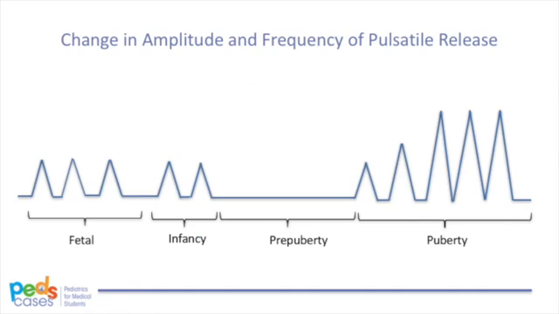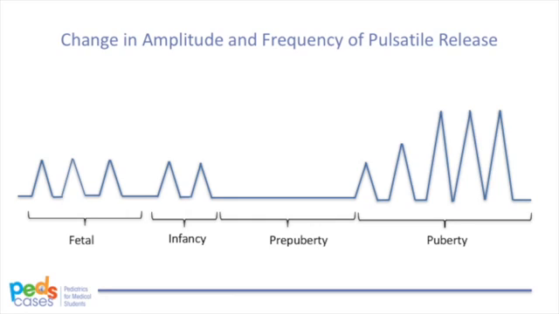When the HPG axis is activated in the fetal period and infancy, we see an increased amplitude and frequency in the pulsatile secretion of GnRH from the hypothalamus and gonadotropins from the anterior pituitary. There is a very low level of activity that is not detectable with most assays. At the beginning of puberty, we observe a resurgence in amplitude and frequency when the HPG axis is reactivated.